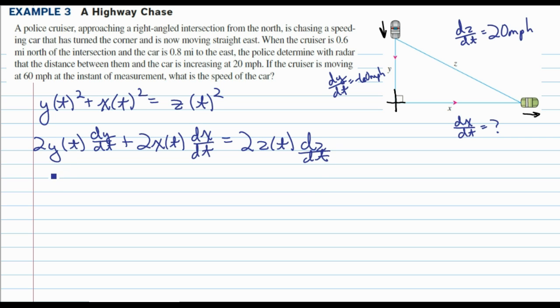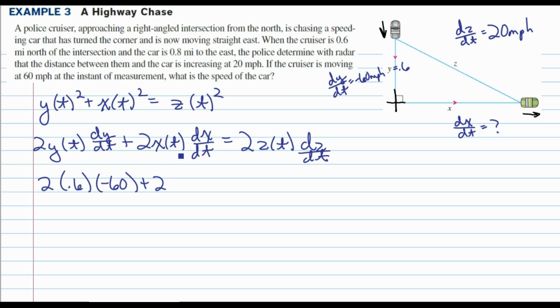So 2 and then y(t). The cruiser is 0.6 miles, so y is 0.6. dy/dt we said was going to be negative 60 miles an hour because the cruiser is closing in versus the speeding car, which is going away from the intersection.